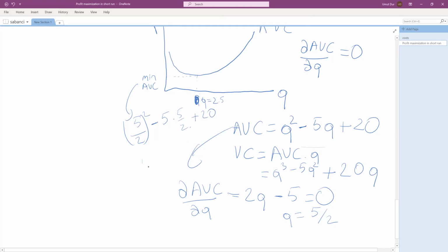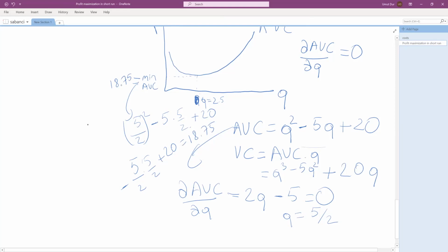What do I have here is 5/2 times 5/2 with minus sign plus 20. It will be 1.25, 18.75. This is 18.75.